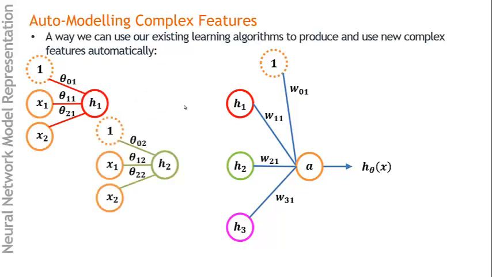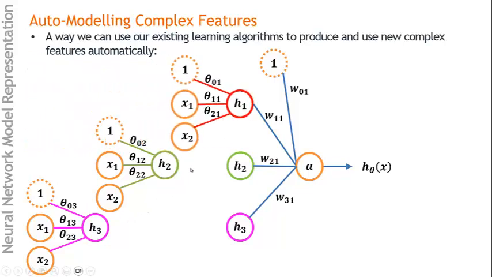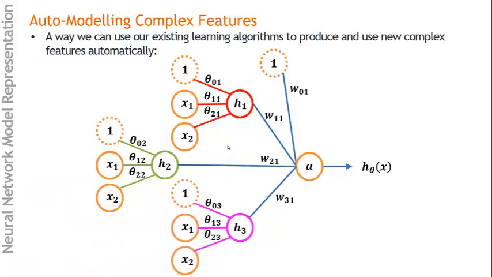Let's take 1, 2, 3 different individual neurons. Each one of these corresponds to 3 base features. We're using the same 3 basic features for each one of these. But the outputs we can treat as new features. Okay? And these features can be plugged in to a second level to be combined. And here we have another neuron.